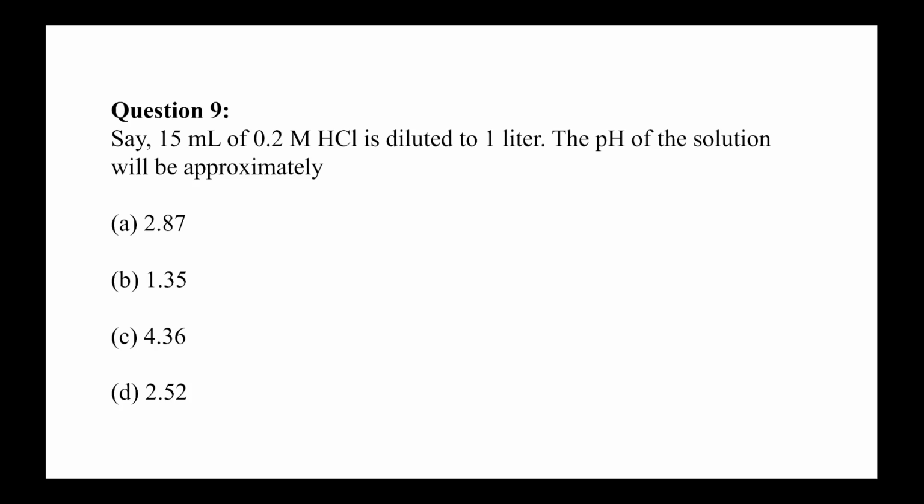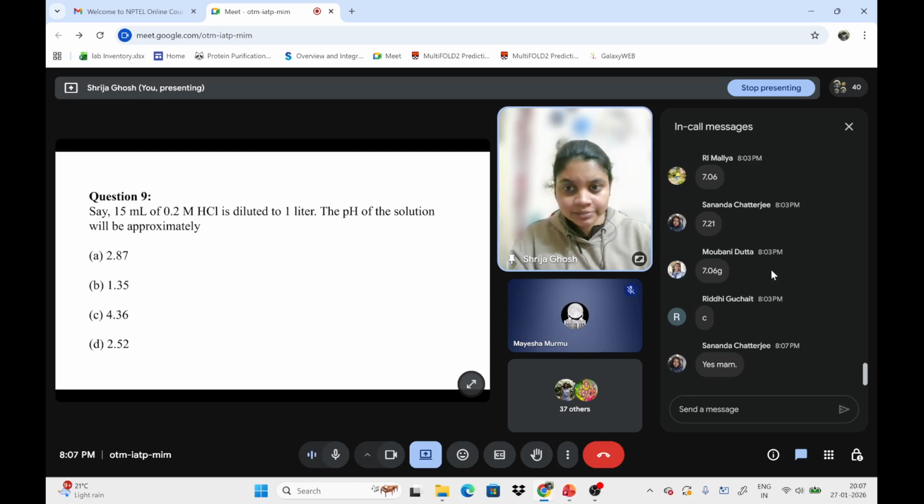Question number 9. Say 15 ml of 0.2 molar HCl is diluted to 1 liter. The pH of the final solution will be approximately. So we have already calculated such type of question. It's just another similar question with different values, so this should be solved by everyone quickly.